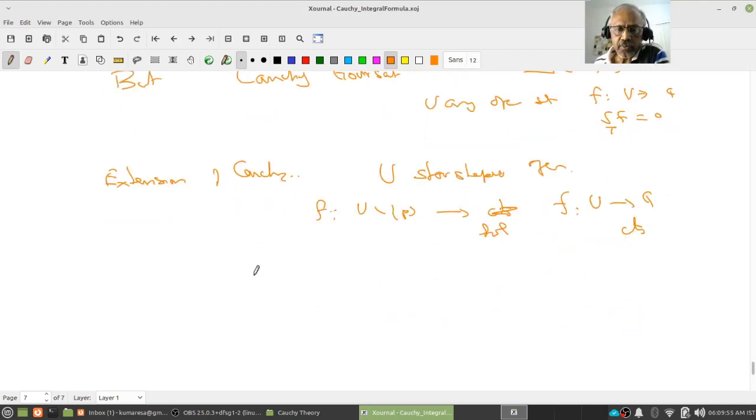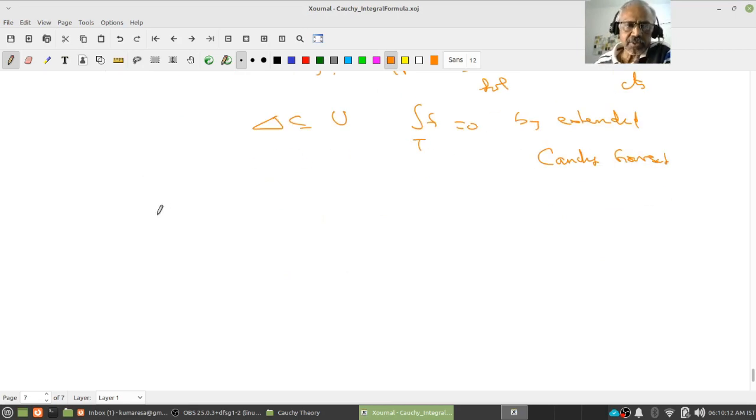Then what did we prove? For any solid triangle delta contained in U, the integral of f over t is 0 by extended Cauchy Goursat. Okay, but we already know a proposition.